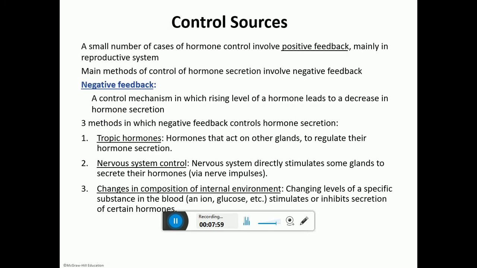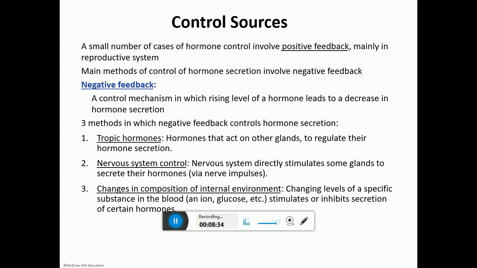Now, how to control these different hormones. Most hormones are controlled by negative feedback. We do have maybe one exception, which is a positive feedback, and that is during labor. So when oxytocin comes, and that is the hormone that contracts the uterus, as long as the fetus is still in the uterus, oxytocin is going to keep on being released by positive feedback until the fetus is expelled out of the uterus.